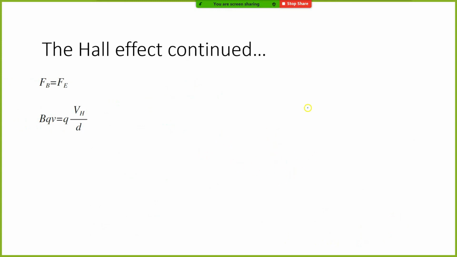So clearly, whenever the force caused by the magnetic field is equal to the force caused by the electric field, we know the force caused by the magnetic field is equal to B times Q times V, which is equal to the force caused by the electric field, which is the electric field times Q.